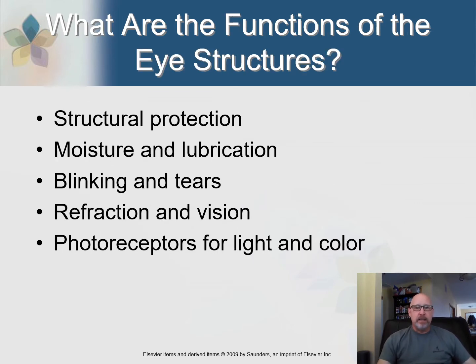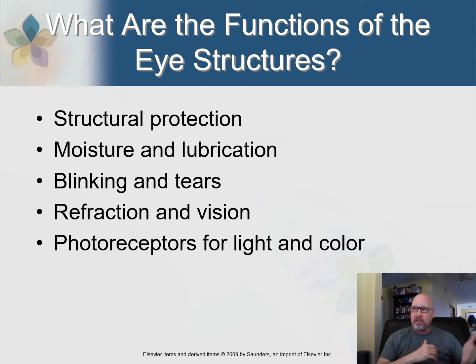All right. So you understand the structural protection, but think about it. You absently blink how often? Well, why do you blink so much? Well, you blink so much to put moisture and lubricant over your eye. That also, by lubricating your eye, keeping your eye nice and moist so your eye doesn't dry out, it also protects your eye.